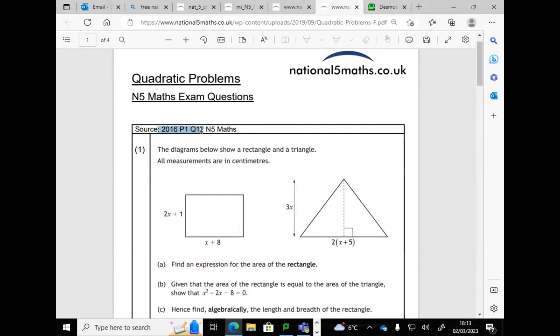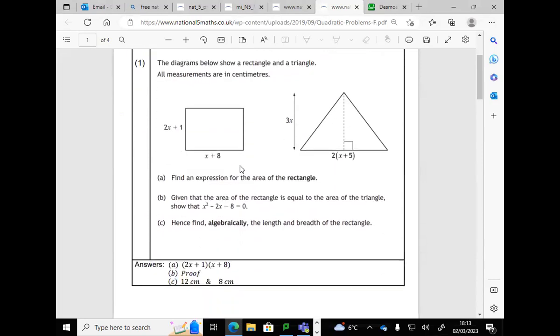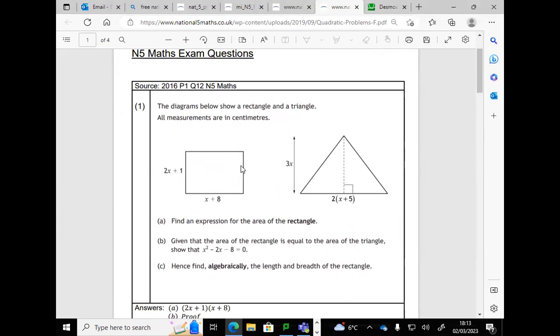That's the main bit of information you need, and that will allow you to go and find it later on. We're going to work through these because they are quadratics, but they put it in such a format that it looks difficult.